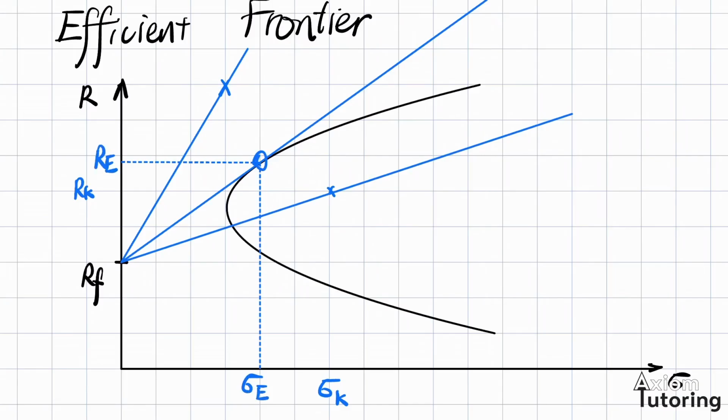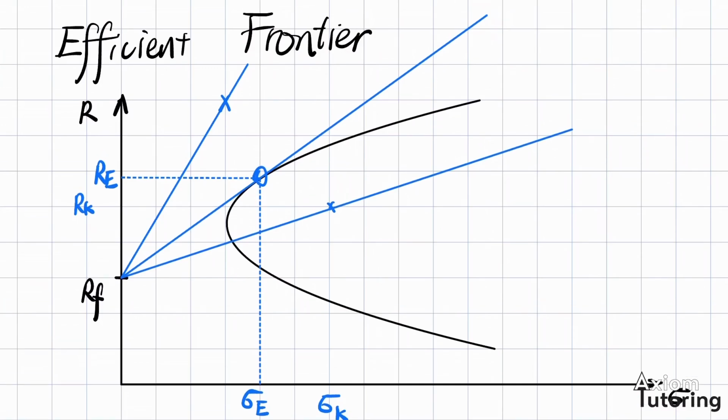Depending on their risk tolerance or risk profile or utility curve, they can choose to save or choose to borrow. Again, this is on the assumption that we can save and borrow at the same rate, which is the risk-free rate in this case.